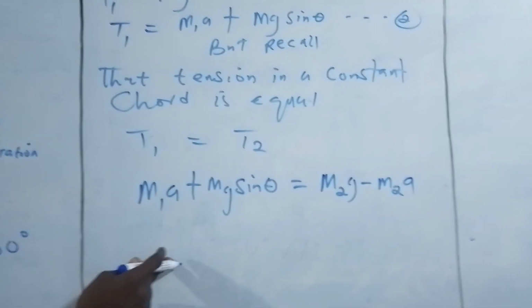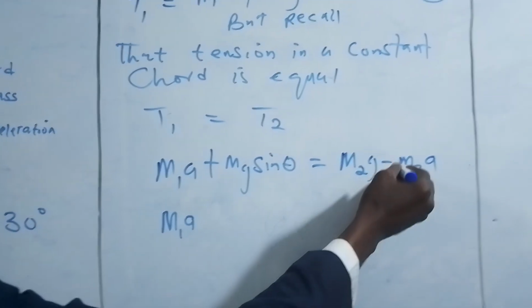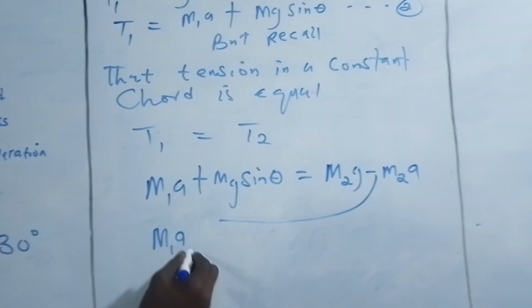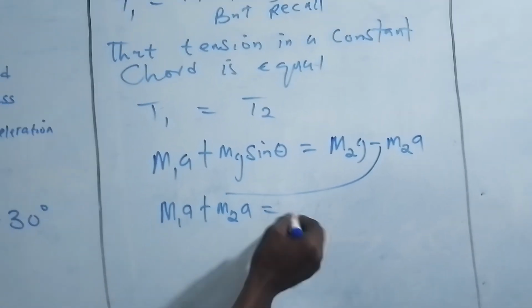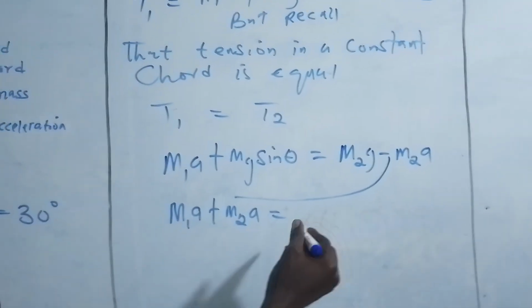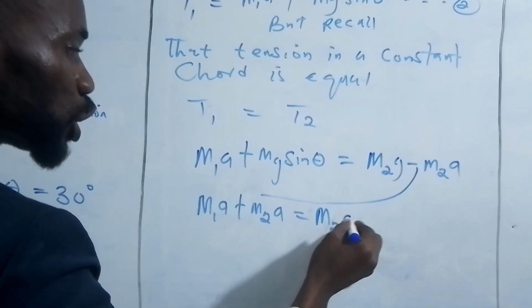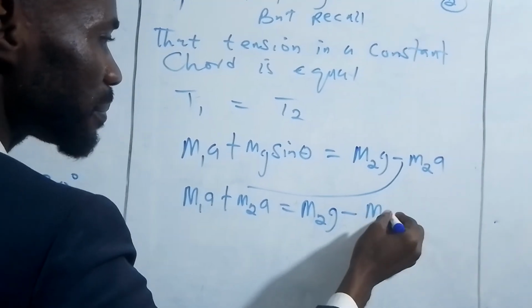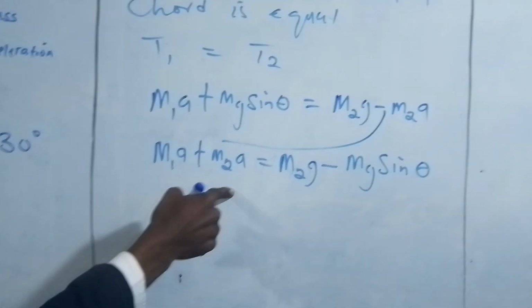Now let's take like terms. M1A, when M2A comes over here, becomes plus M2A, and that will be equal to M2G minus M1G sine theta. This is what we are looking for, the acceleration.